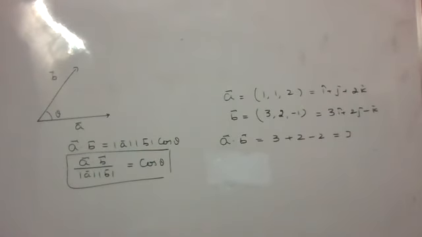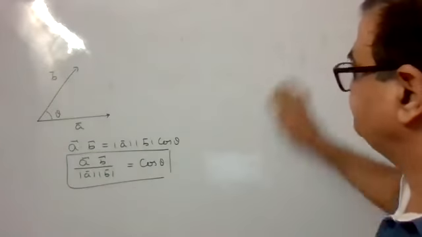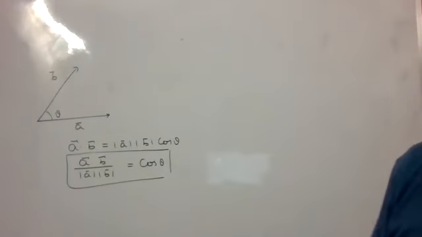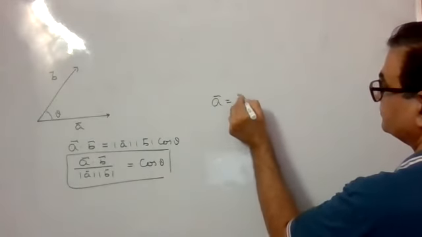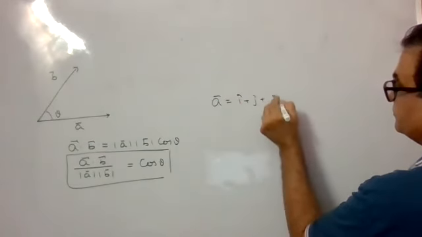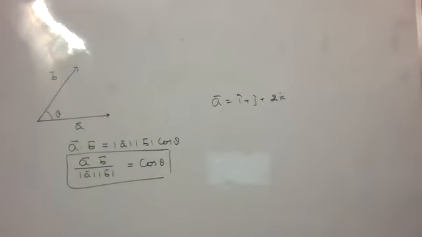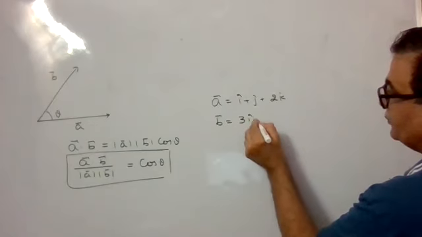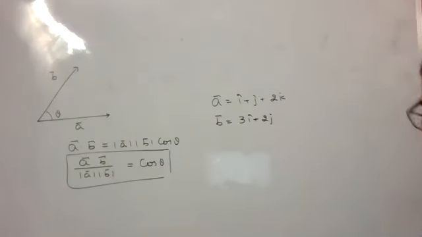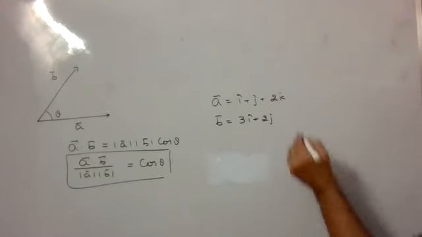Next question, please. If A vector is given as i plus j plus 2k, this is vector A. B vector is 3i plus 2j minus k.